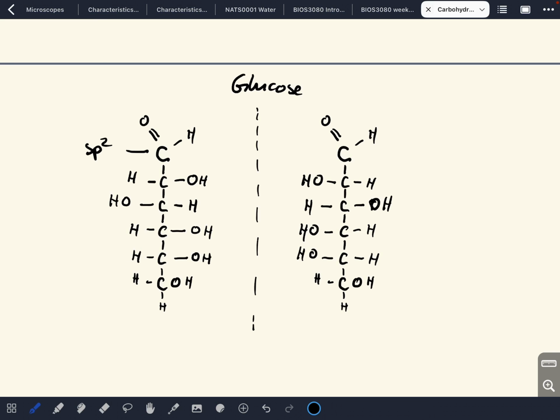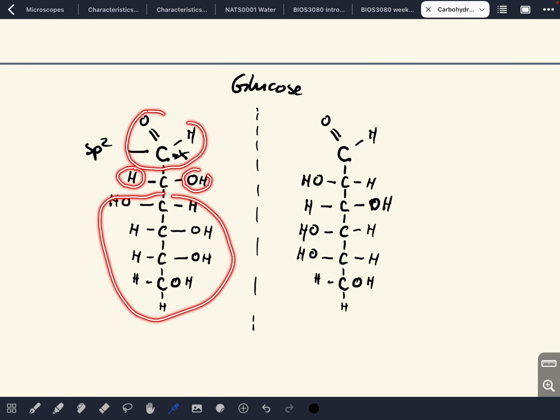We can look at these carbon atoms and say, this one here is definitely not, the first one is not a chiral carbon. Now, is the second one chiral? Well, it is connected to an H, an OH, an aldehyde and the rest of the molecule.